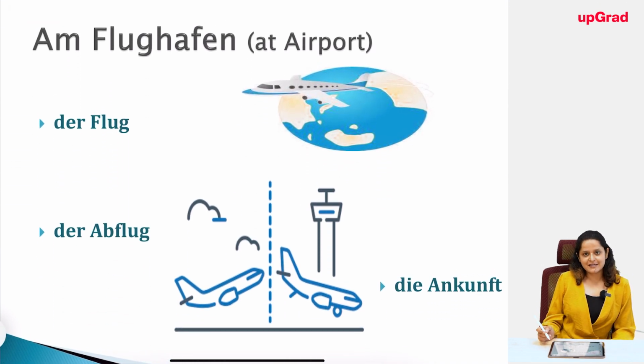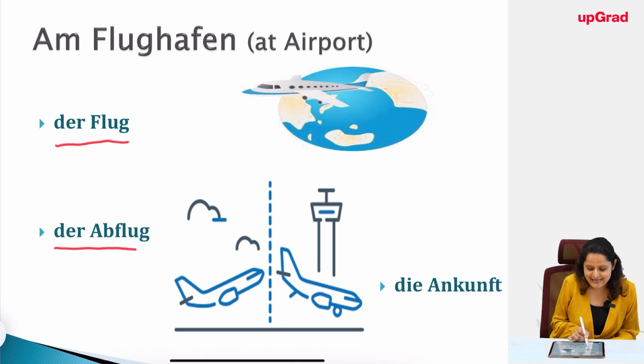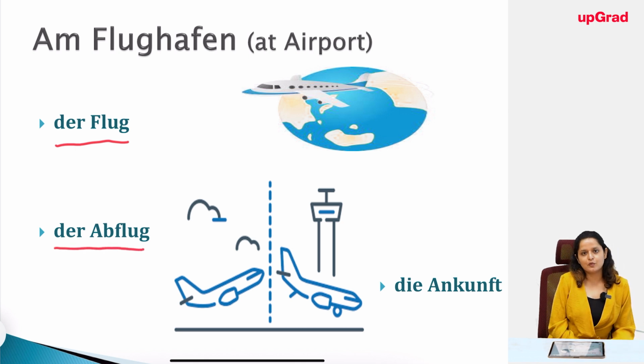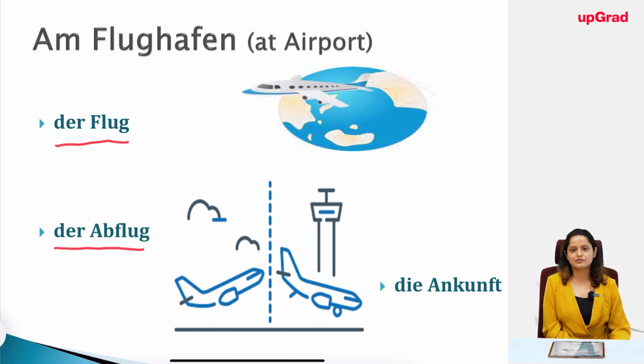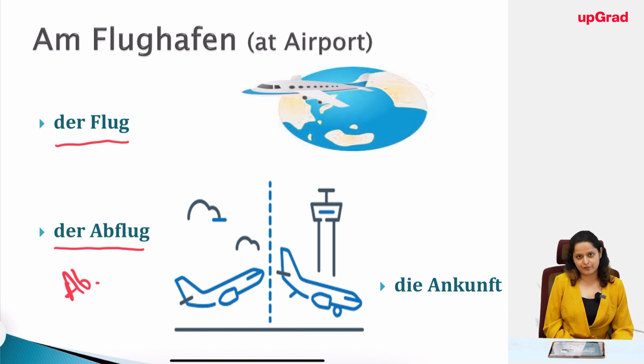The next word that we take here is the word der Flug, which means a flight. So the word is der Flug. So when we talk of flights, we have the word der Abflug, which means departure. So when you are looking at flights departing at an airport, make sure you look for the word Abflug or sometimes only Ab in short form.